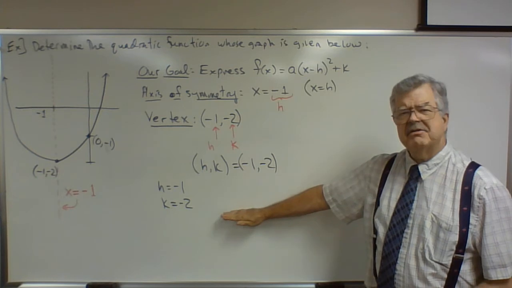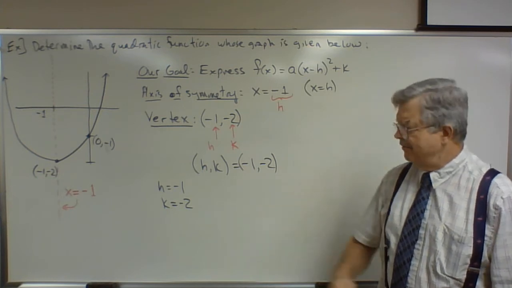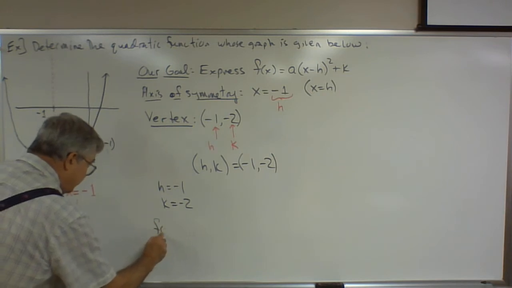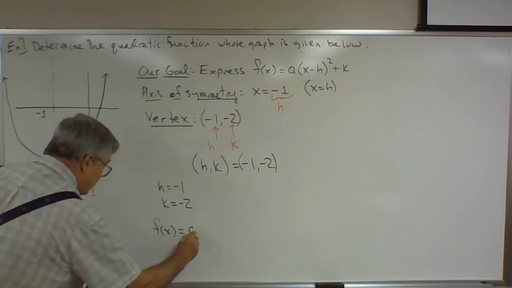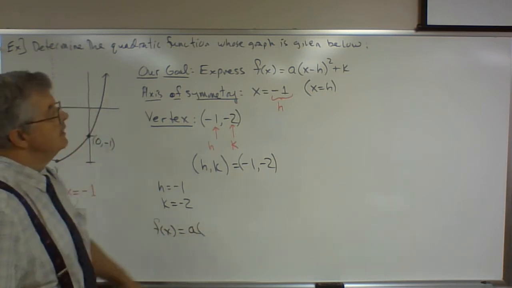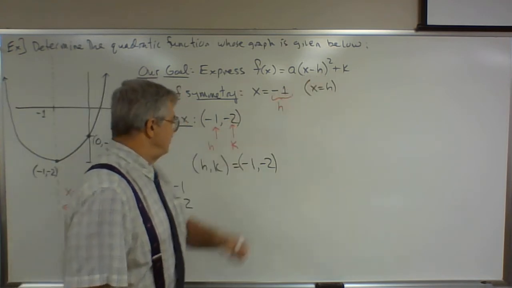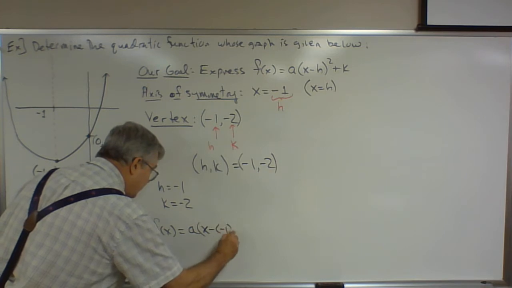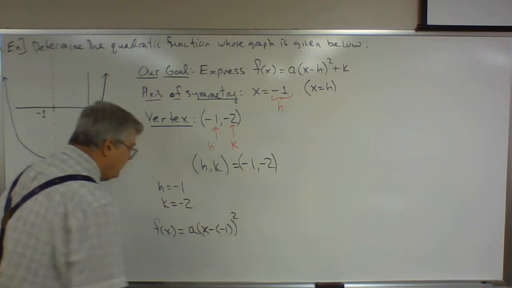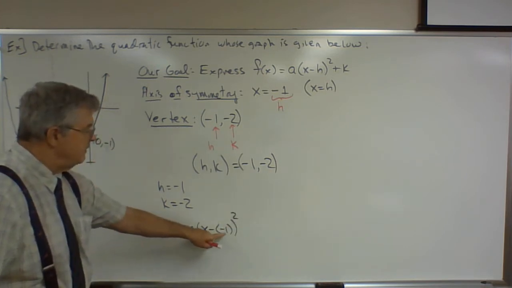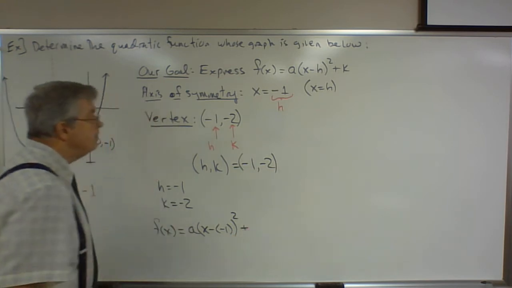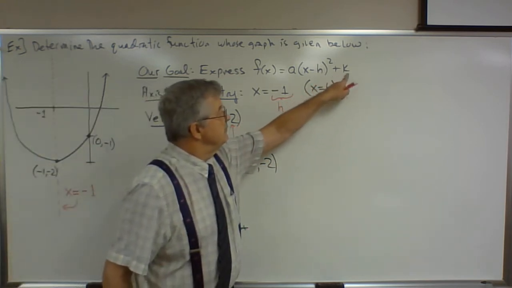So let's write down what we have already. That we have f of x equals a times (x minus h) squared, plus k.